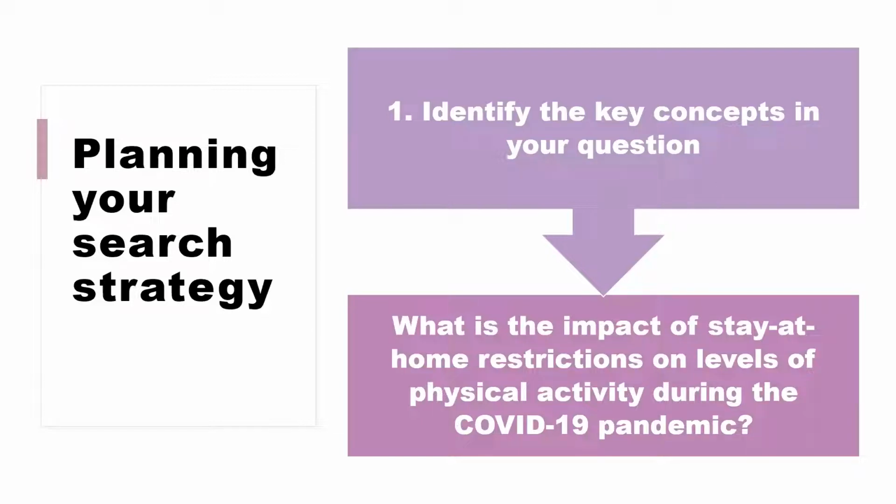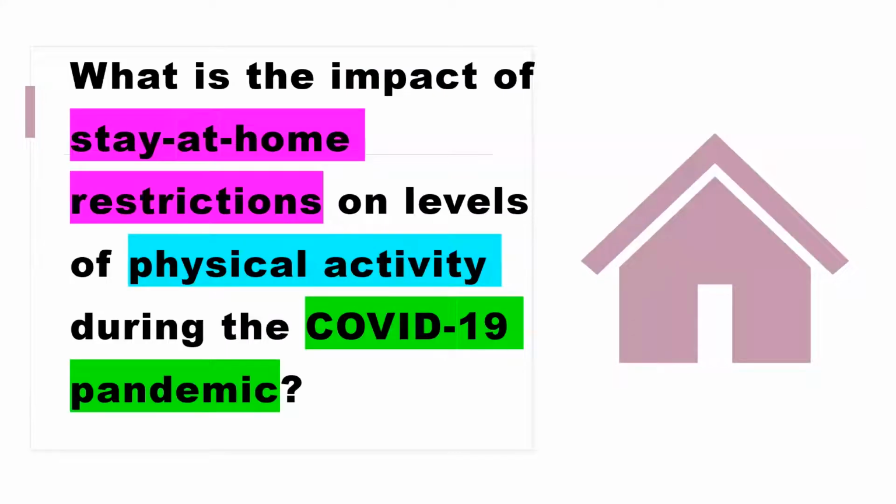No problem. Okay, so the first thing we need to do when we're planning our search strategy is identify what the key concepts are. In our question, I can see 3 key concepts: the stay-at-home restrictions, the physical activity, and the COVID pandemic.